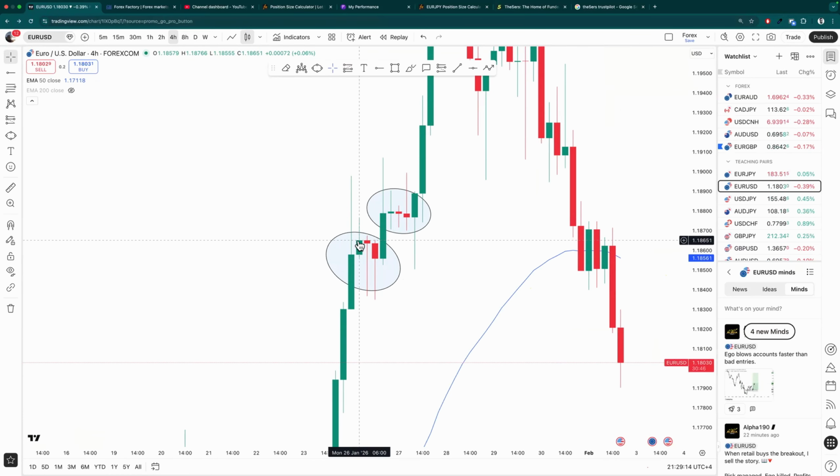This green candle close, what is this? All right. And what is this? This green candle close. Again, perfect. All right. So this is higher high, this is higher low, higher high, higher low.